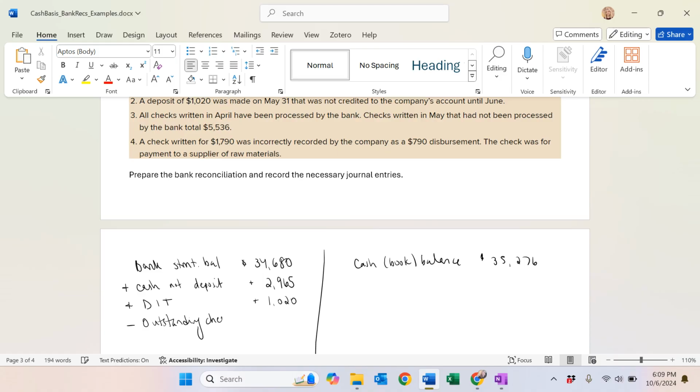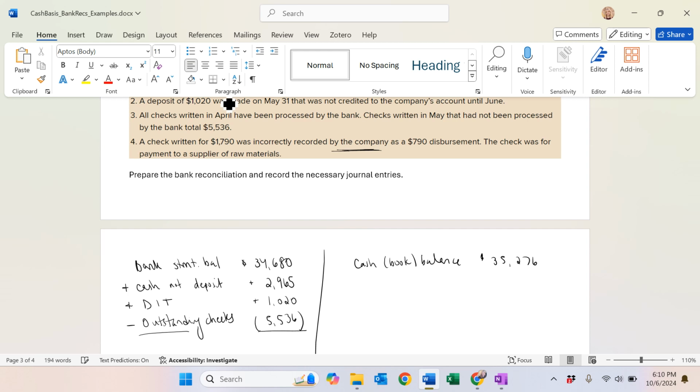So we don't really have this money. And then a check written for $1,790 was incorrectly recorded by the company. When the error was made by the company, this needs to be updated on the cash balance side, or the book balance side, not on the bank statement side.